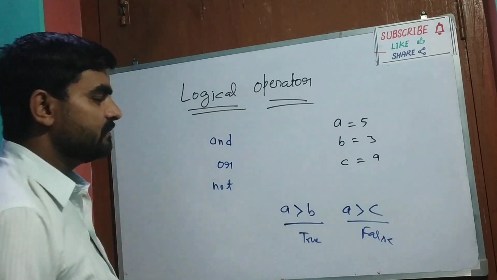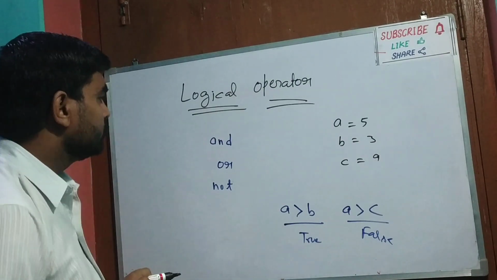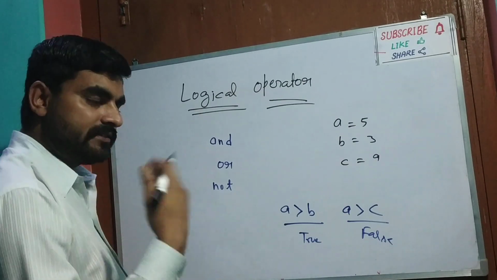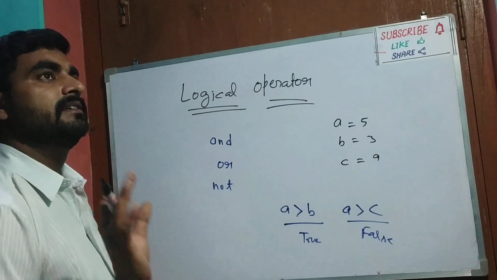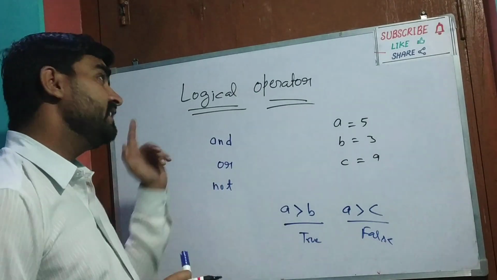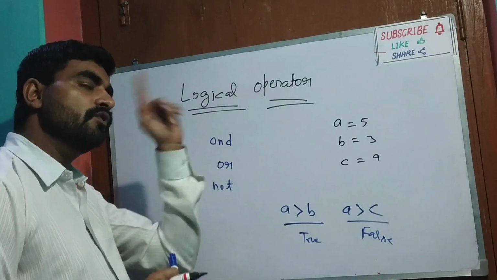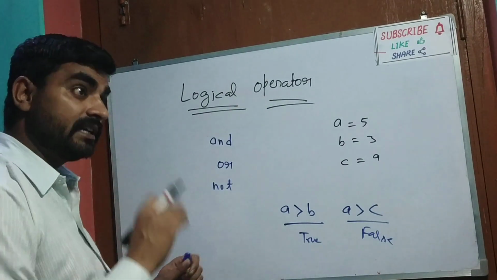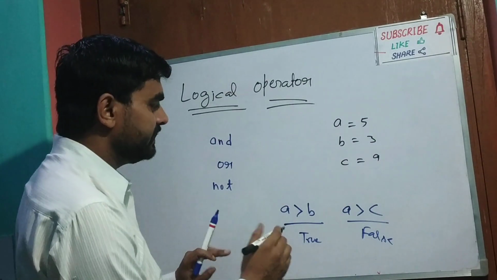These kinds of examples you will use in the conditional operator. In the next video I will make videos for the conditional operator. When you go through the conditional operator, you will need the logical operator. But why logical operator before conditional statement? Sometimes it is also required, student. That is why it is here.